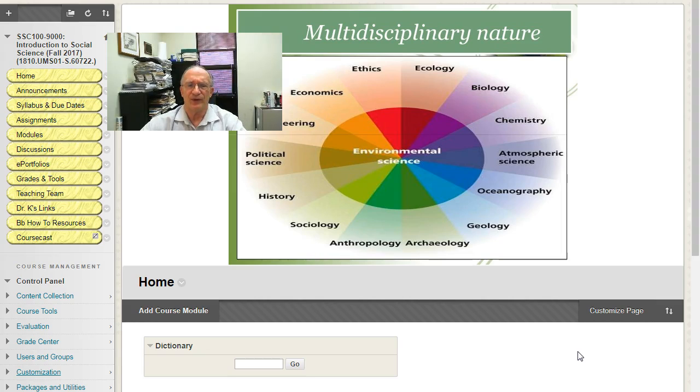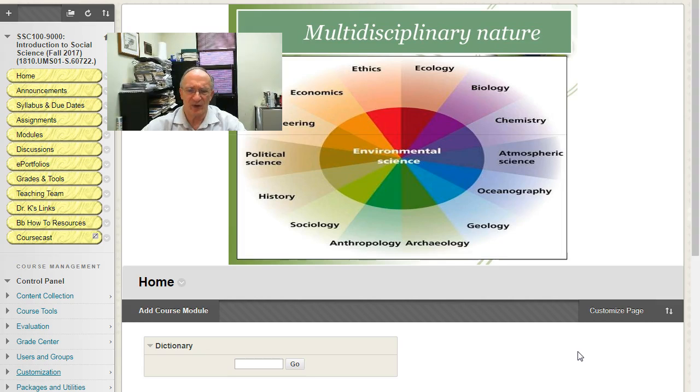Now, to speak to the issue of interdisciplinary studies, also called multidisciplinary studies, although some would quibble about the distinction between the two. Environmental sciences is a great example of what we at UMA think of as INT, meaning interdisciplinary studies.